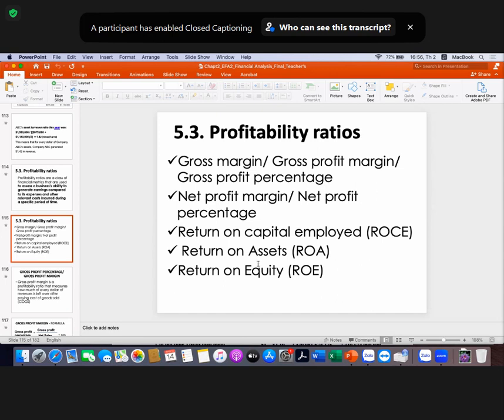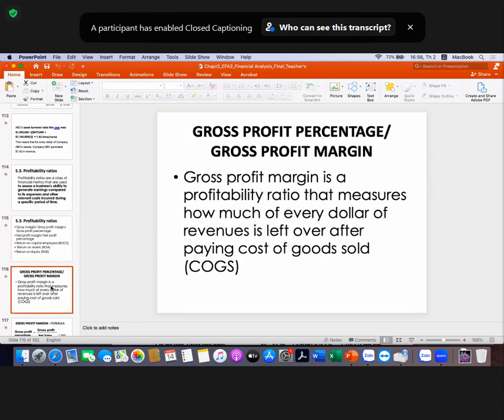Now we come to each ratio in turn. The first, gross profit margin or gross margin.